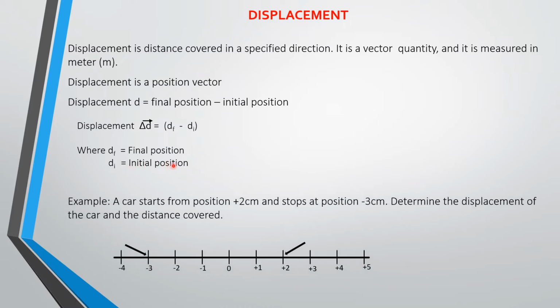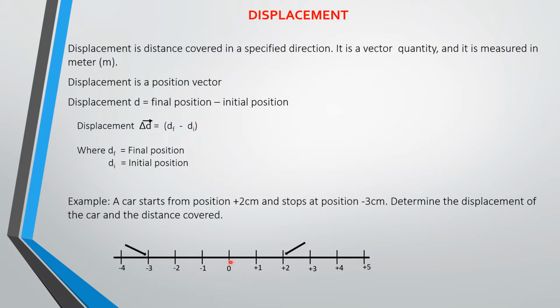Depending on the point of reference, displacement can either be in the positive direction or negative direction. In this particular case, if 0 is my point of reference, movement towards the right side, or to the east side, is positive movement.